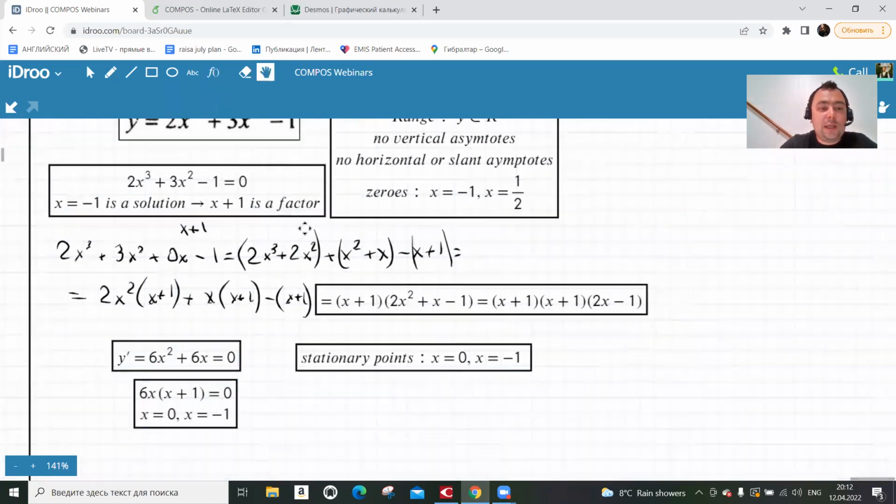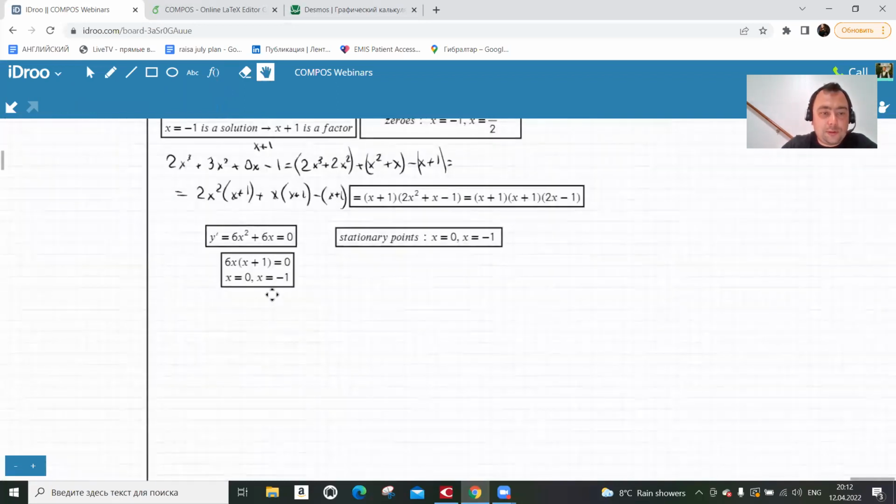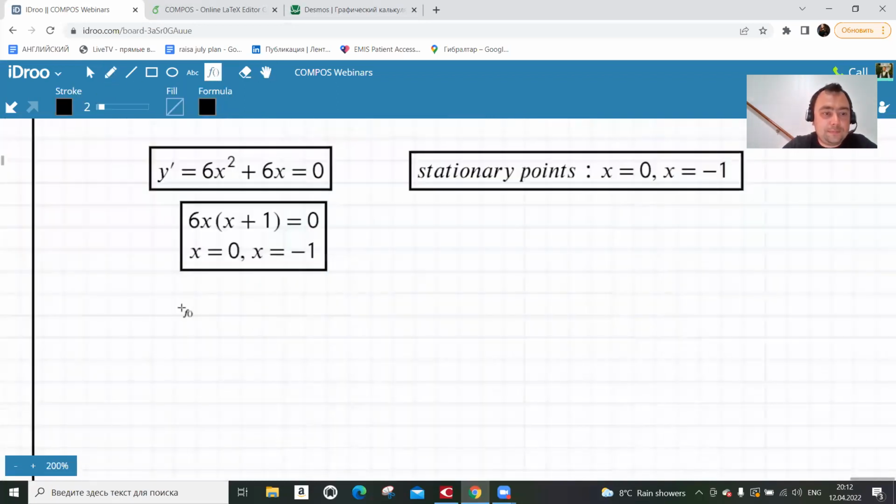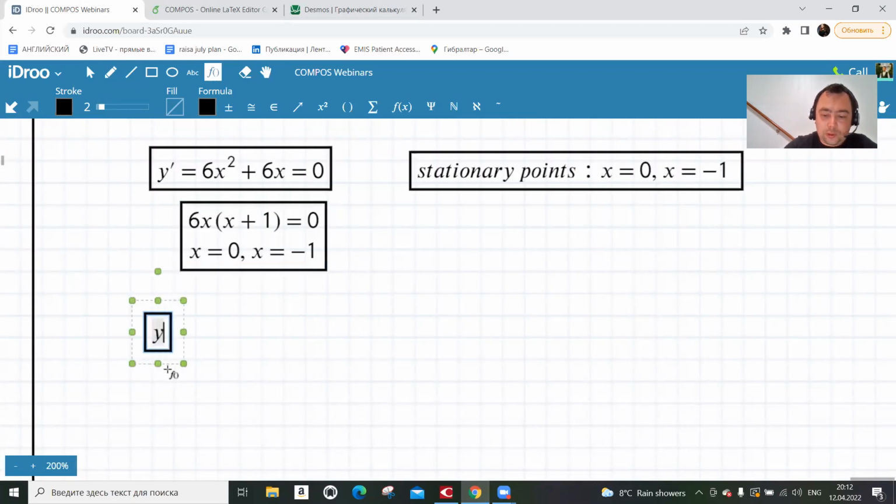Stationary points and points of inflection. So we find the second derivative. So y second derivative. So we differentiate the derivative. So it's going to be 12x plus 6.